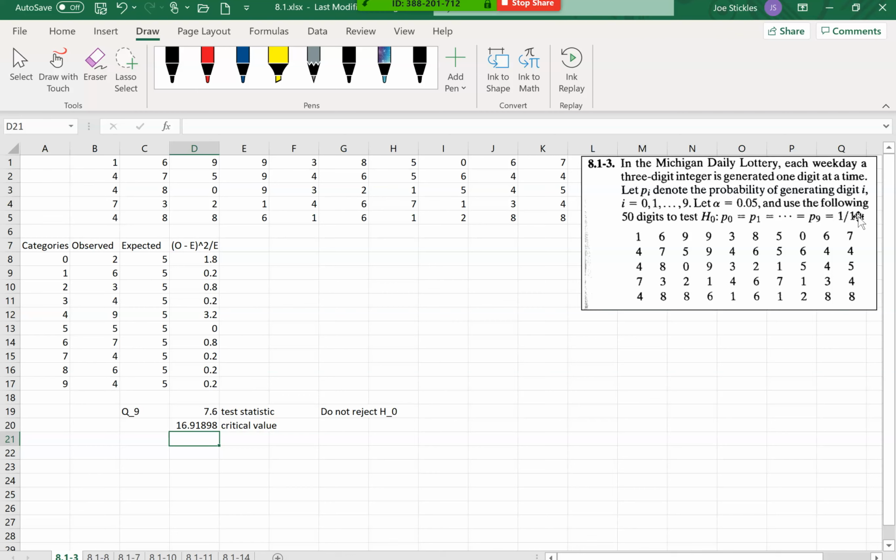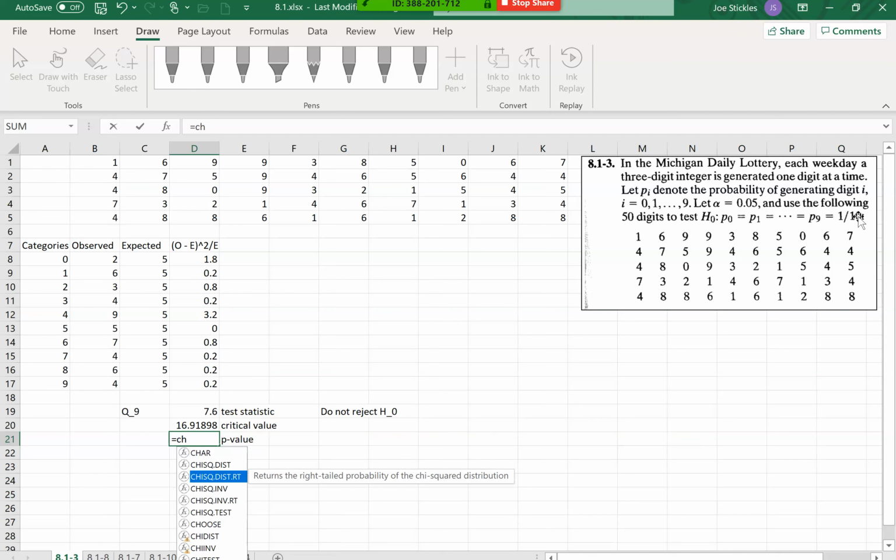So what might give you a better idea of whether or not it's doing a good job is the p-value. How likely is this, kind of a worst case scenario idea? If you wanted to go from this value or higher, what's the probability? So if I want to know the p-value, I would use the chi-squared distribution right-tailed.